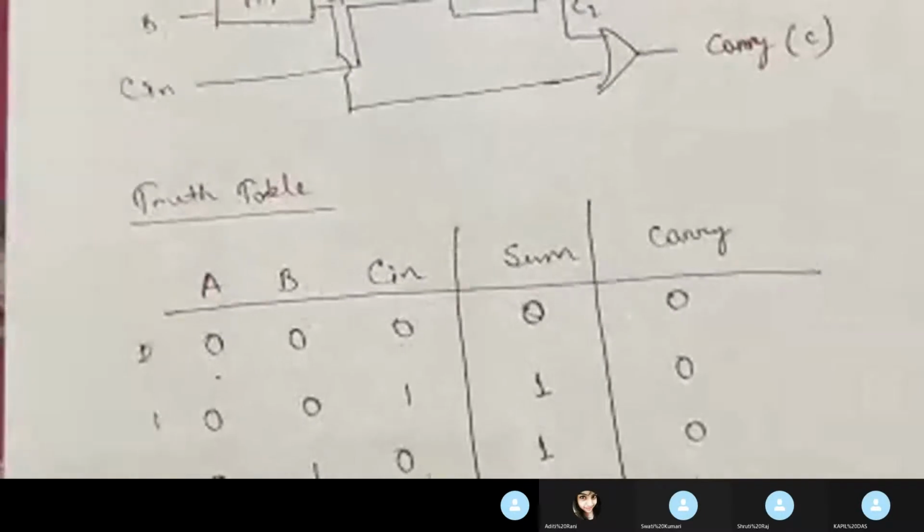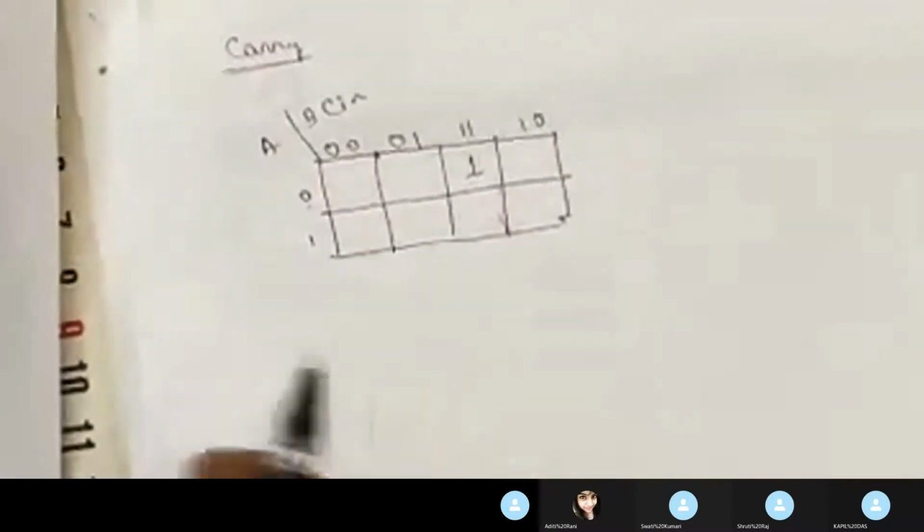So let us design for the carry also. Now for carry, again we will draw the same Carnot map. 0 0 0 1 1 0 1 1 and 0 and 1, A B C in. Now if you check it from here, कहाँ पे मेरा 1 है, 0 1 1 पे 1 है.